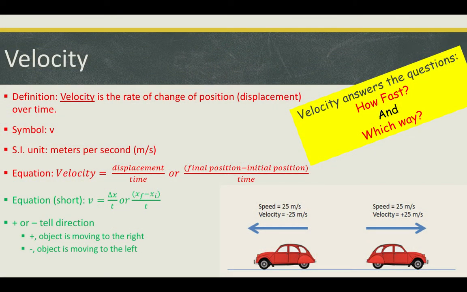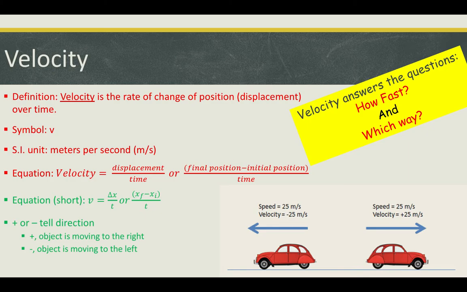All right, velocity. Velocity is the rate of change of position over time, or stated more simply, velocity is displacement divided by time. The symbol for velocity is a lowercase v.